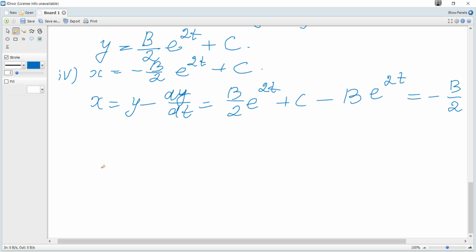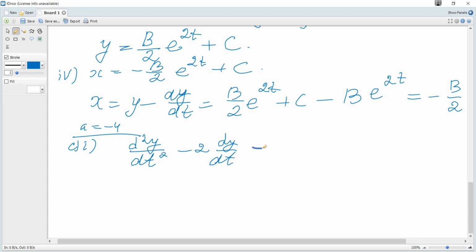Next, now consider the case where a is negative 4. Part C(i), 3 marks. Shows that the second derivative of y minus 2 dy over dt minus 3y is 0, 3 marks.